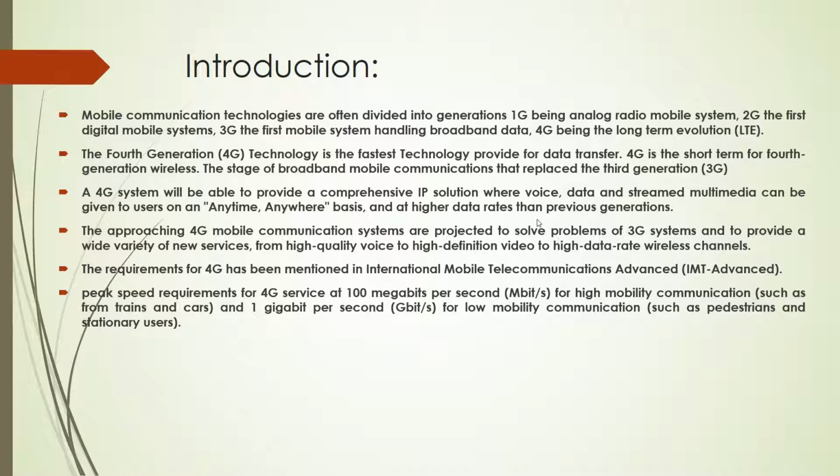In order to achieve any kind of communication, there are two basic kinds of networks: circuit switching networks and packet switching networks. In 4G all the circuit switching concept has been abandoned. There is no circuit switching beyond 4G, and all the data will be transferred through the packet switching concept.